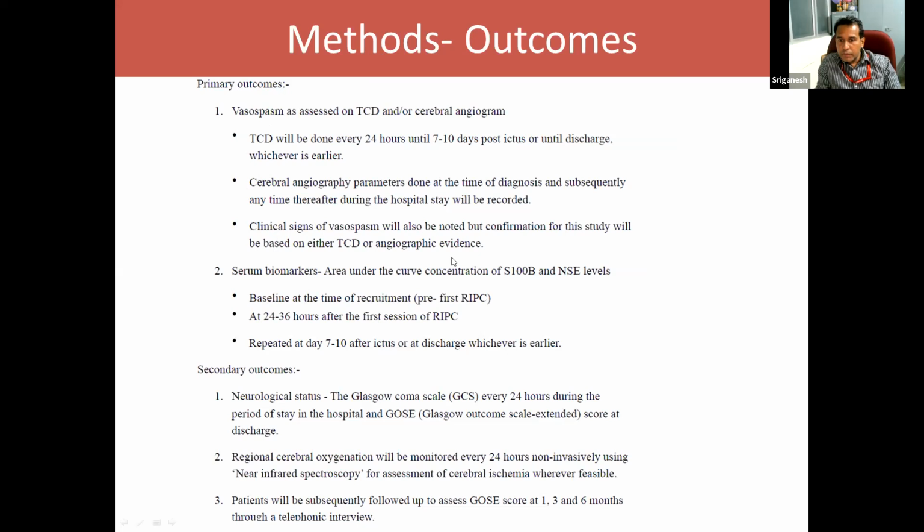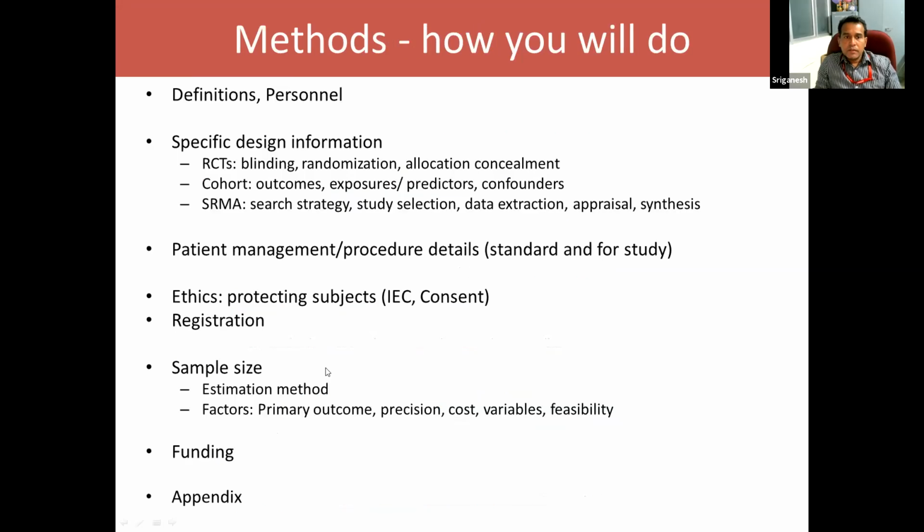Clinical signs will be noted, but confirmation for the study will be done either on TCD or angiography. So I'm defining my outcome and how I'm going to assess it. Similarly, biomarkers: I'm going to inform what biomarkers I'm assessing and at what time points. And secondary outcomes, similarly, have to be explained.